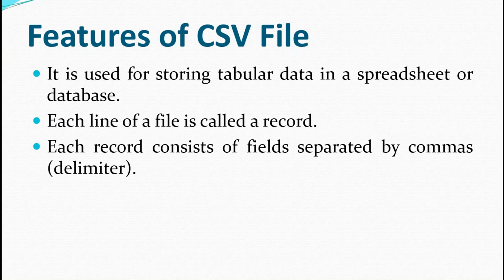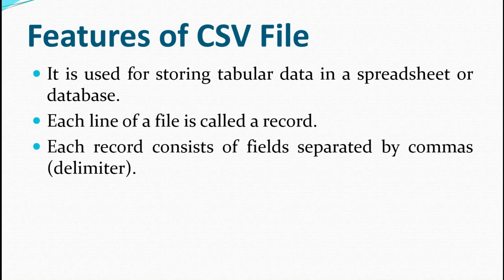Suppose we want to store a record of a student. A student has a roll number, a name, a class and marks. When we fill all these details of a student, then we say that this is the record of this student. So each line, meaning each row of a file, is called a record, and each record consists of fields separated by commas.